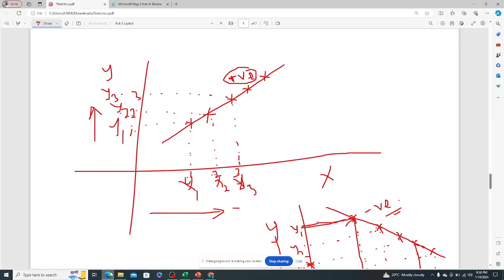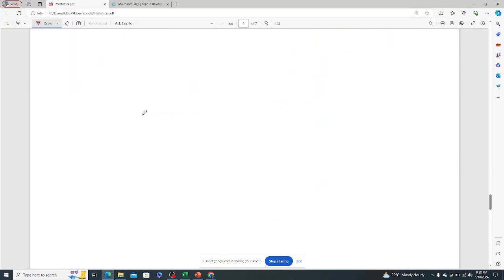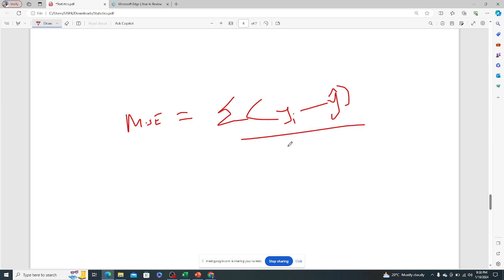Let me try and see if I can remember. We said that the mean squared error is given by the summation of yi minus y-hat, where y-hat is the predicted values. Then divide by n.